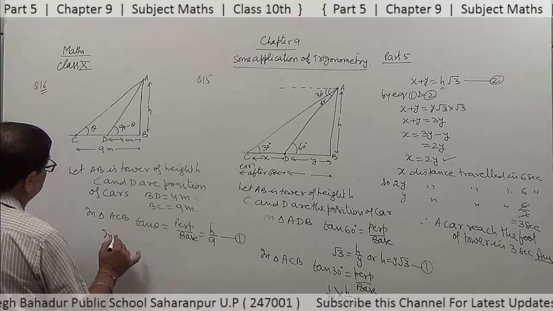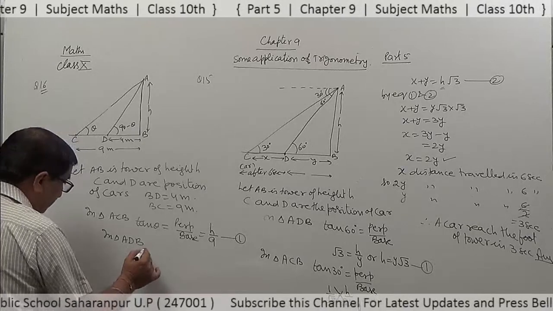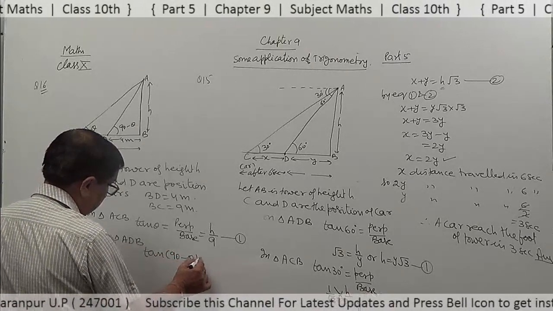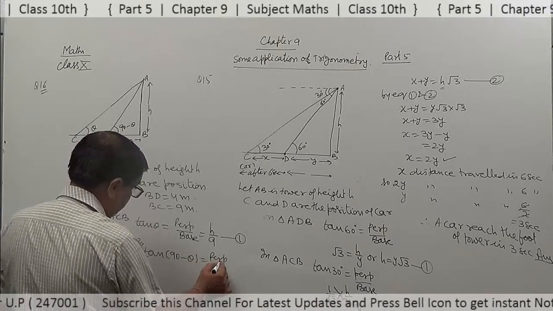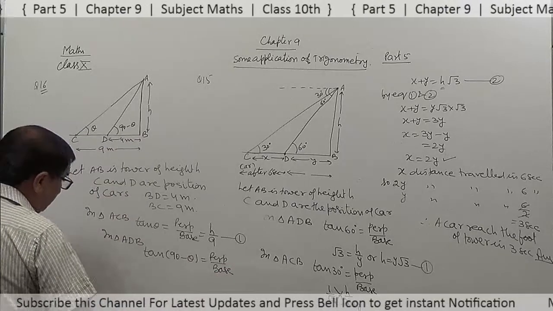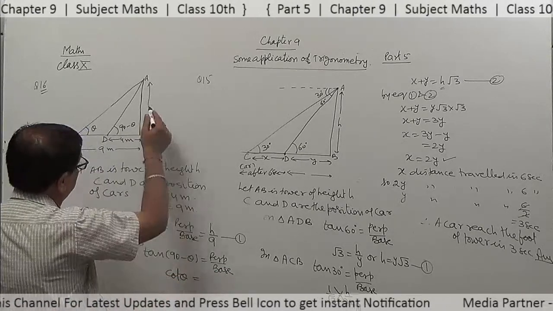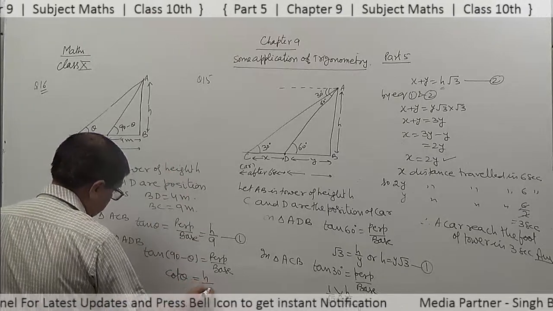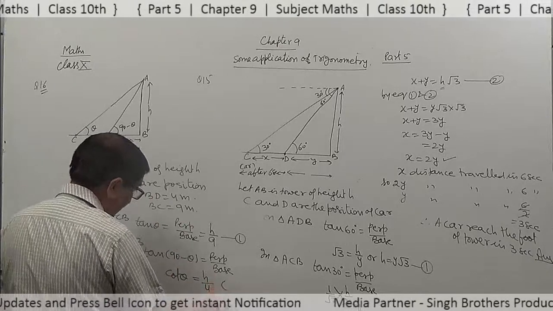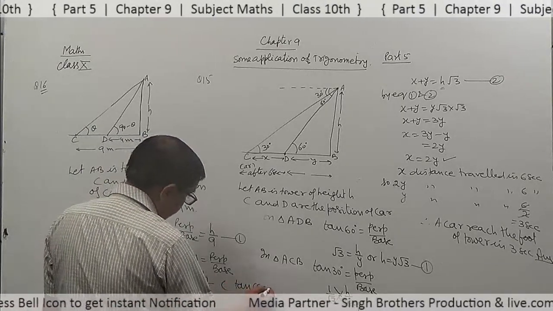In triangle ADB, tan of 90 minus theta is perpendicular upon base. Tan of 90 minus theta is cot theta, perpendicular is h, base is 4. This is a complementary angle identity.